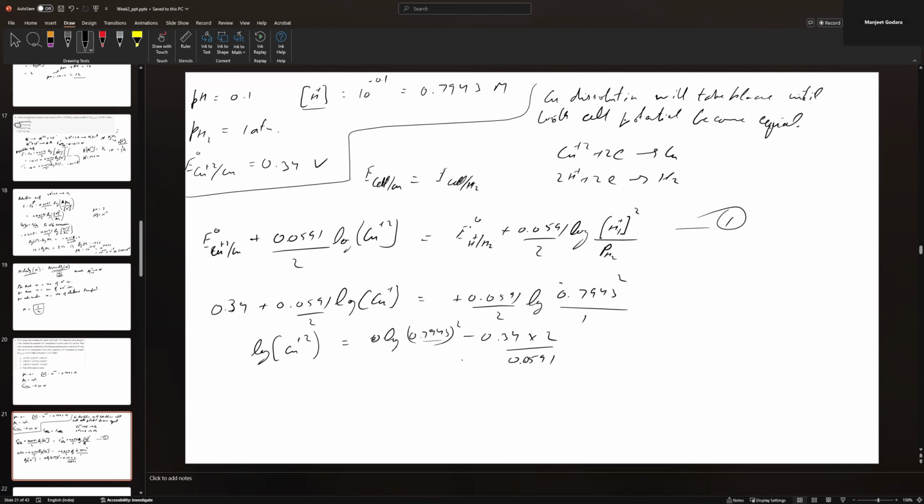This we already know, right? Log of it is 10 to the power minus 0.1.